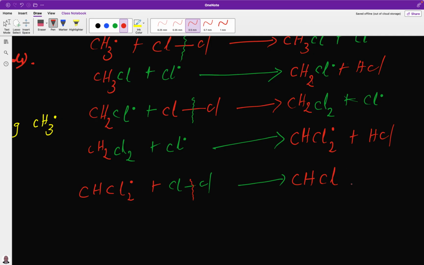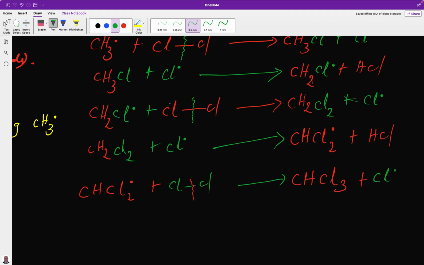CH, supposed to be 3. There are supposed to be 3 of them. 2 here plus this one that comes here will be 3. Will be CHCl3 plus a chlorine free radical. Chlorine free radical.